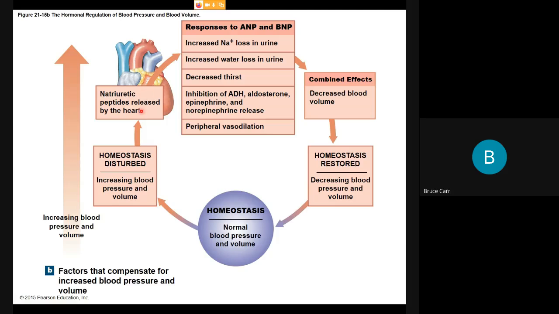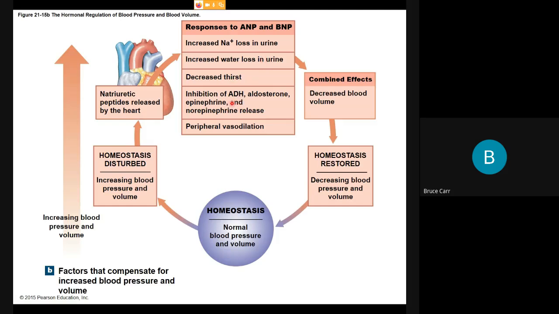So when natriuretic peptide is released by the heart, it increases sodium loss in the urine, and because of osmosis, more sodium in the urine means more water is drawn over. One of the quick ways of lowering blood pressure is just lower the volume of the blood. Thirst is decreased, so you stop drinking.